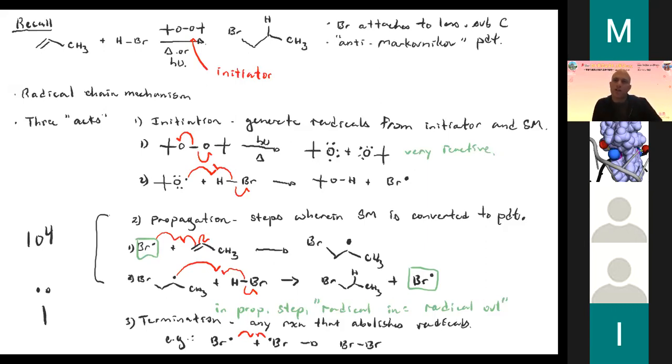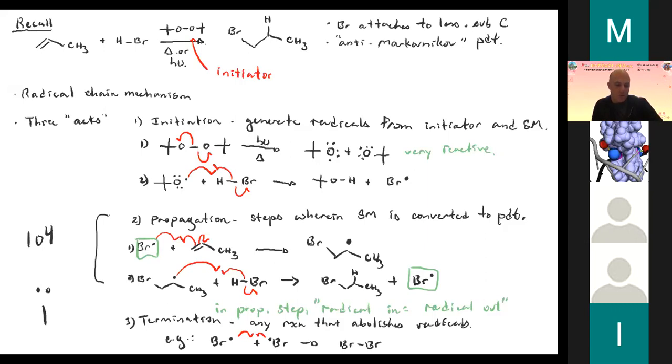And that's a reflection of the fact that the energies of these radicals are very high and they don't form in very large quantities. And so their collisions with each other are going to be quite infrequent.